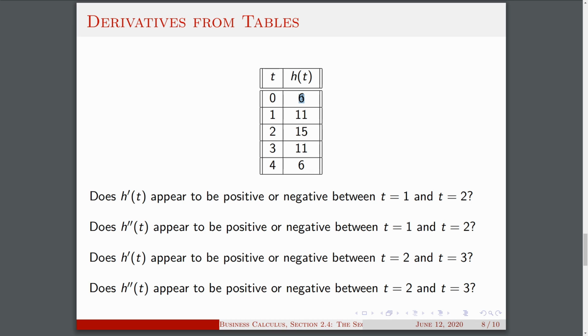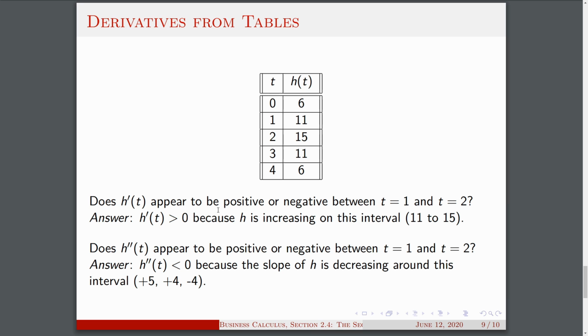So it looks like we start at 6 and we go to 11, that's an increase of 5. And then we increase by 4, and then we actually start to decrease. So this looks like a concave down situation because the slope is actually going down. All right, so between t equals 1 and t equals 2, it's actually a concave down function. So that's what I put here. For the first question, we said that it was increasing because it's going up.